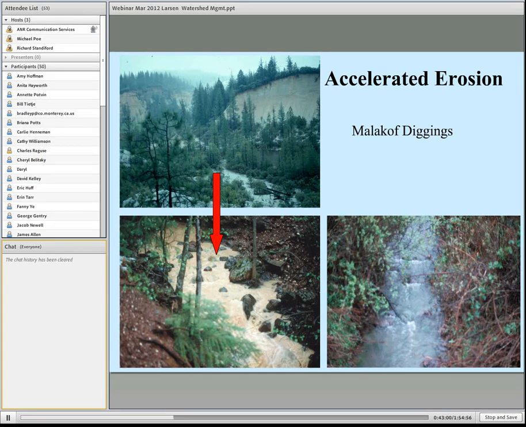However, today, the slide right below the Malakoff Diggings picture shows a muddy stream that was running through that area, compared to a stream one drainage over during the same storm about 10 minutes apart. One coming through the Malakoff Diggings is full of mud or sediment, the other one is clear. So accelerated erosion can be a problem.